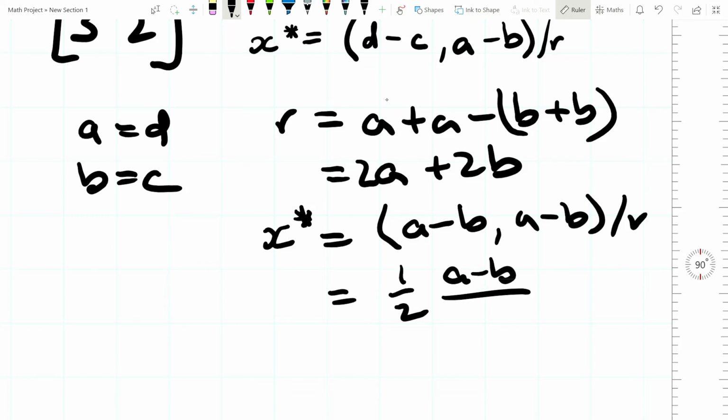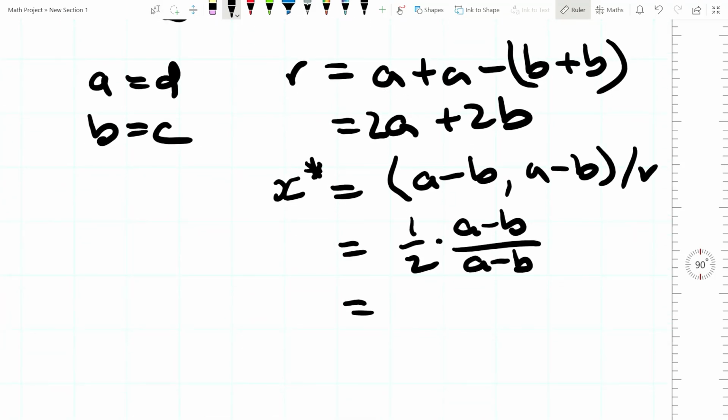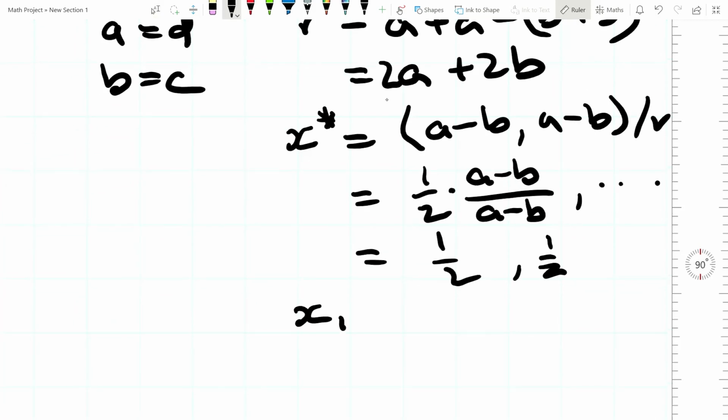This is just through simplification. So let's multiply, and we know that a minus b over a minus b is equal to 1, so we know that it's just half. Oh, sorry, I didn't do the second part there, so it's just half comma half. So we know that x1 equals half and x2 equals half.